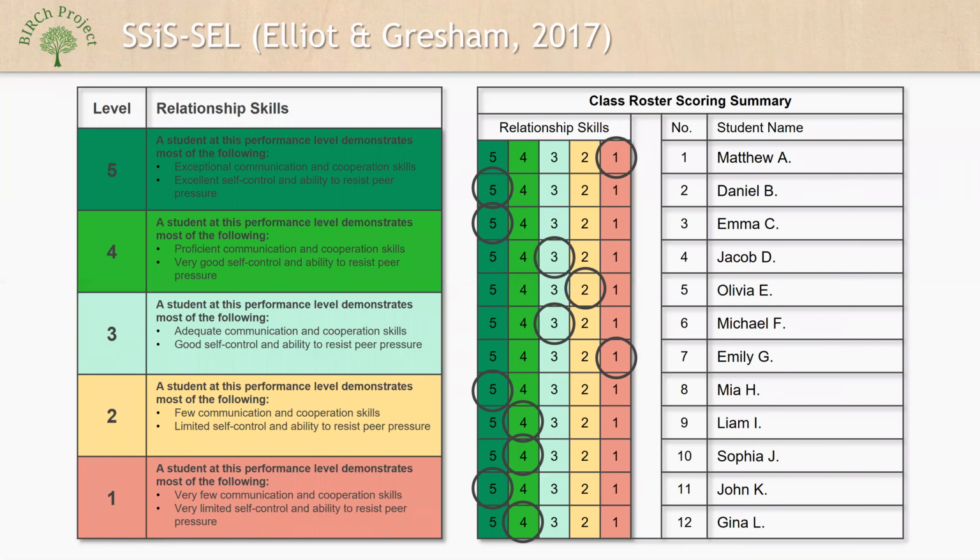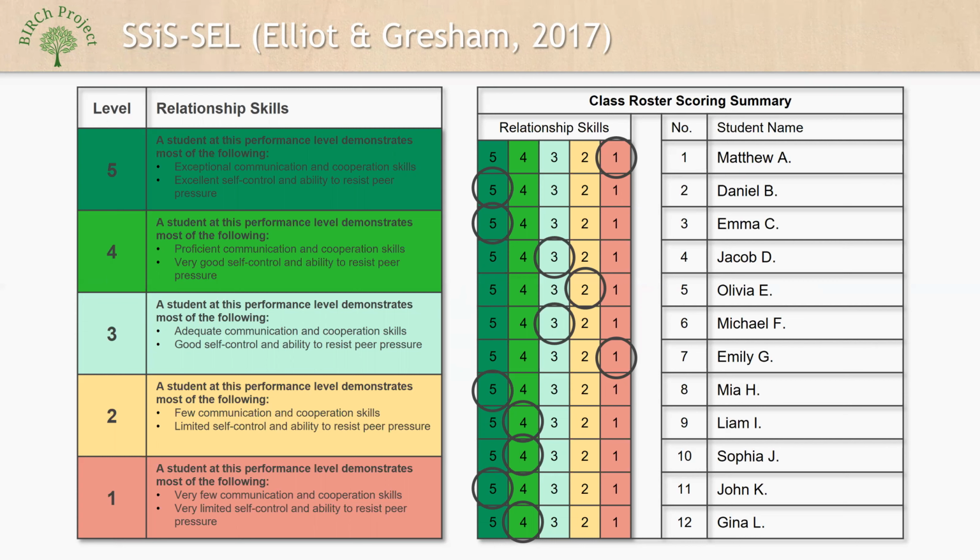This is an example of one of the scales within the SSIS SEL. The relationship skills domain assesses how students interact with others. When a teacher completes this particular screening tool in this area, the teacher has a student roster of all students in the class, represented by this column on the right.